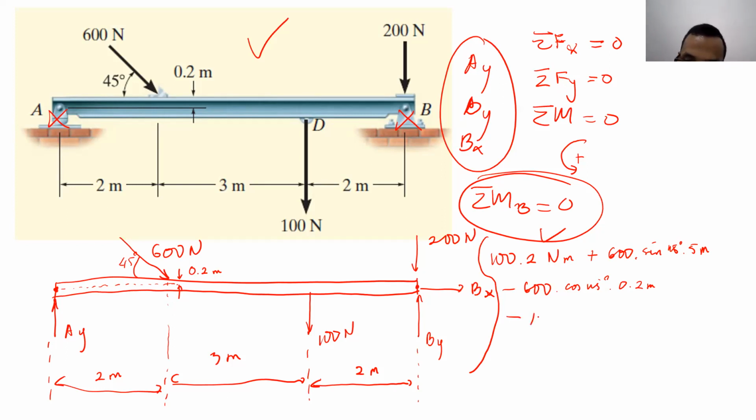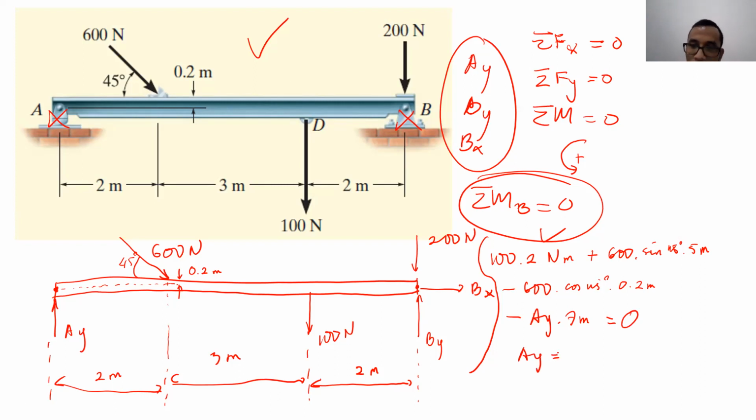Ay multiplied by 7 meter. And the total is supposed to be equal to what? 0. Correct. Now you can see that we only have one variable, right? Ay. Can we solve for Ay? Yeah, we can. Yes, of course we can.